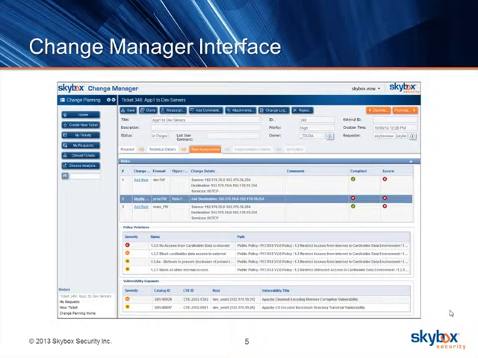Skybox offers a full end-to-end change management solution that utilizes our set of web service SOAP-based APIs to deliver risk awareness within the change management process. The Skybox Security Suite also allows customers to integrate our analysis engine into their existing third-party ticketing systems like Remedy or ServiceNow.